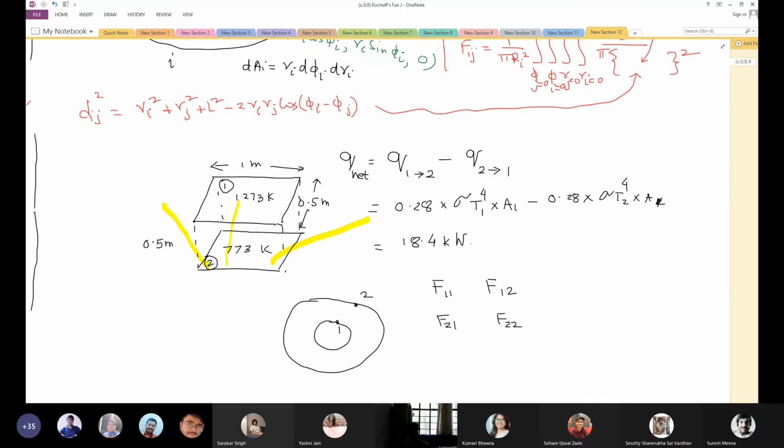Here you have to get some view factors by inspection and others by using the summation and reciprocity rules. It is also given that this is Ri, and this is Ro.